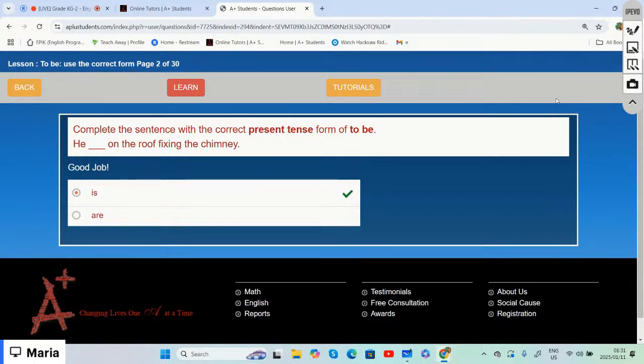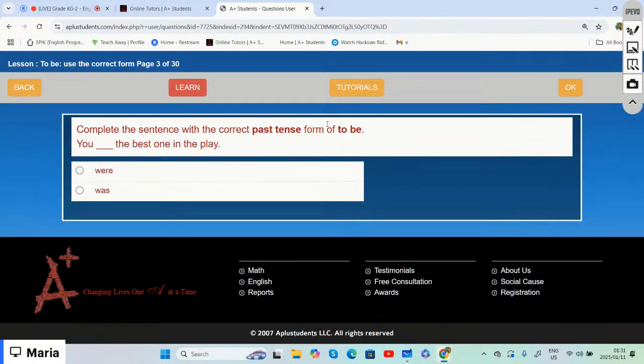So are is incorrect. You, we need to choose the past tense form of to be. Do we say you were the best one in the play, or do we say you was the best one in the play? Which one is correct? You was or you were?